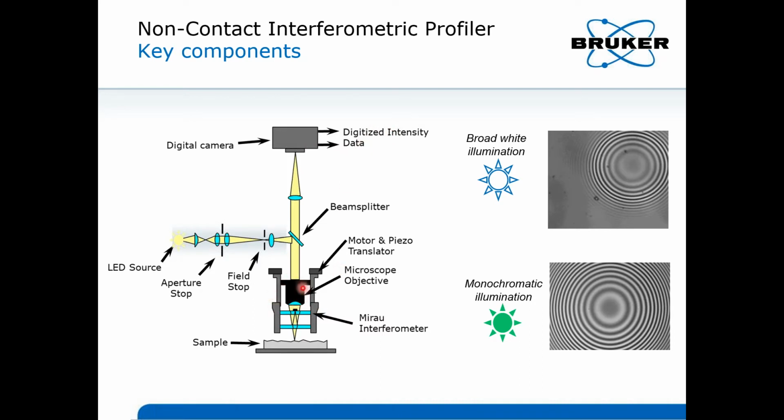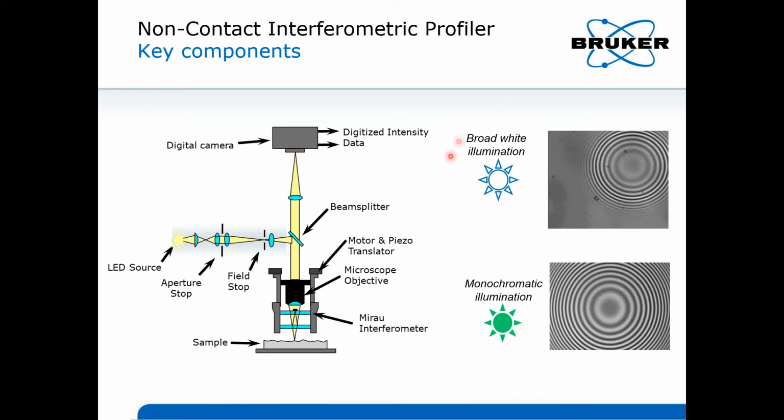The main difference relies on using an interferometric objective, which splits the optical path into two arms. The first arm reflects from an internal reference mirror, while the second arm reflects from the sample surface. By recombining both arms on the camera, we create fringes or moire patterns with black and white levels of intensity.